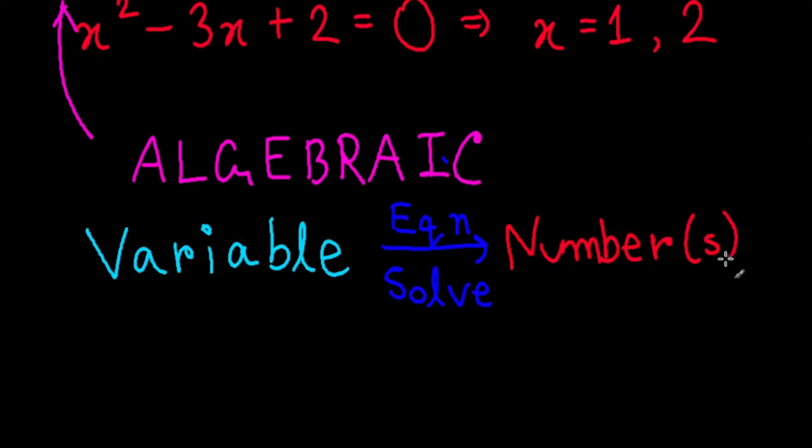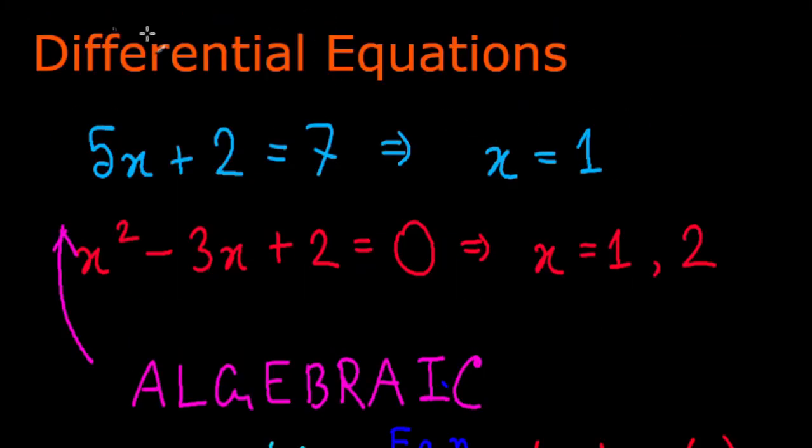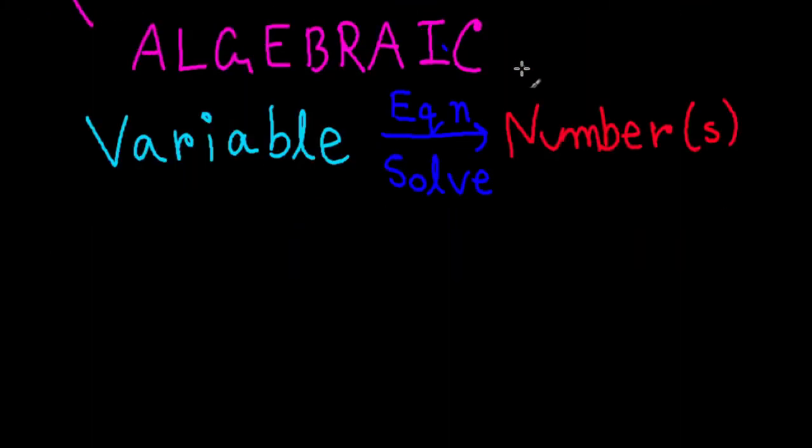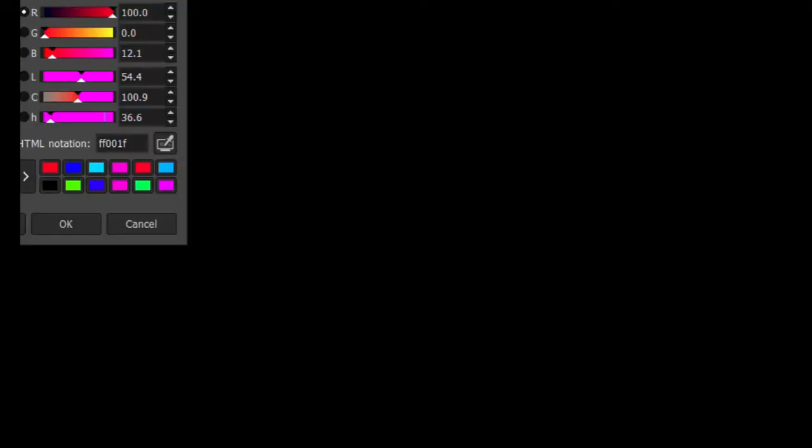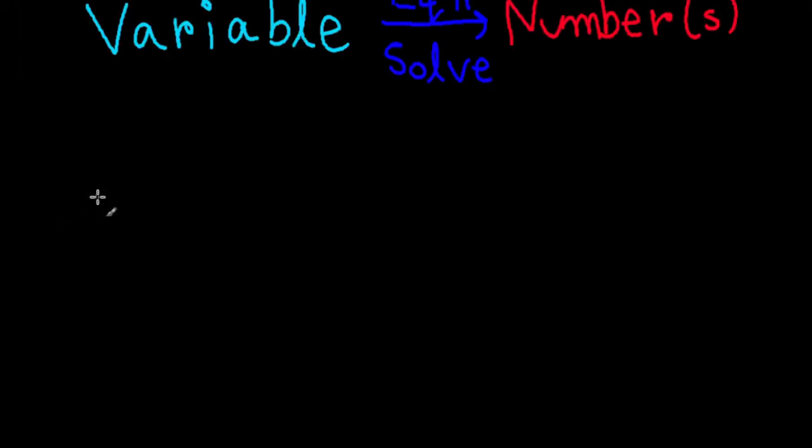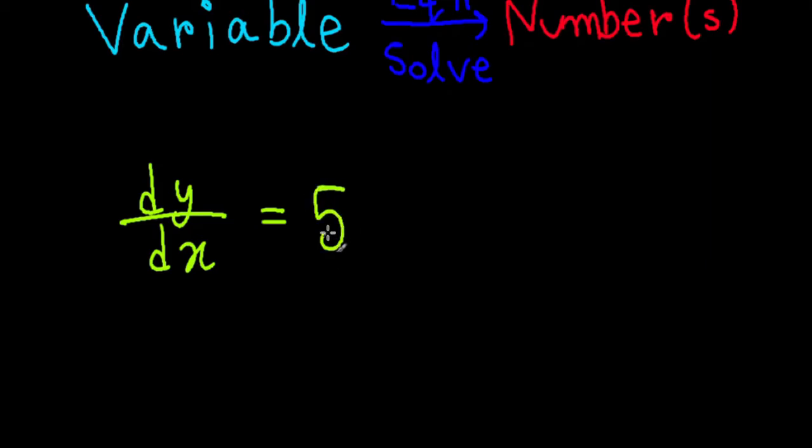So how are differential equations, the thing I wrote at the top, how are they different? Well, there's quite a lot of similarity there. But to explain that, let's see one simple example. Suppose I have dy by dx, where y is some function of x, and what I'm saying is the derivative of that function is equal to 5.